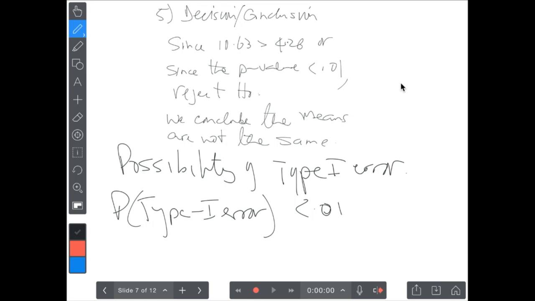So that answers the hypothesis testing question for the completely randomized design.